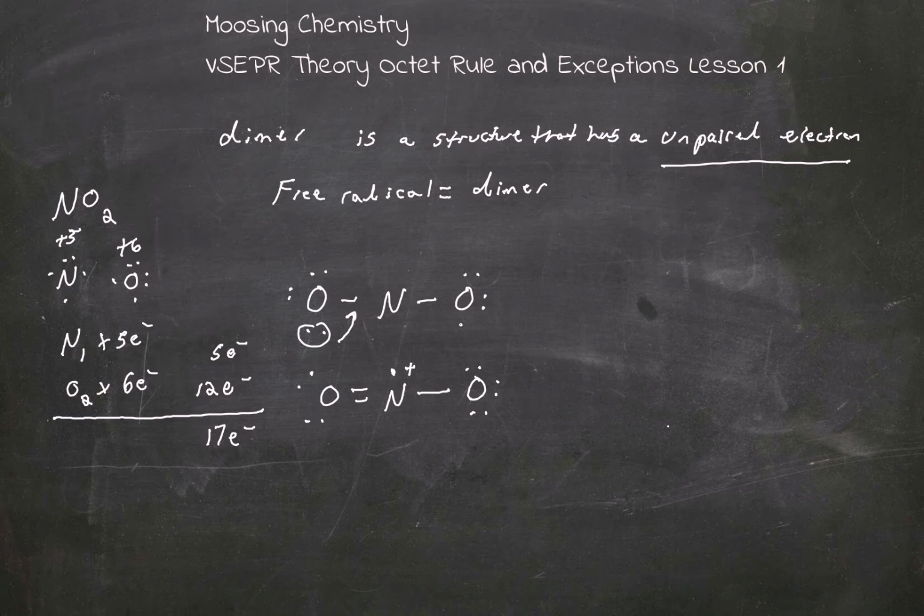And it's actually kind of this 1 dot right here bends things. So it's going to actually look more like this. Now, in a radical situation, we would put a bracket around this, right? But we're not going to do that because it's a free radical, and we're not going to use the brackets.